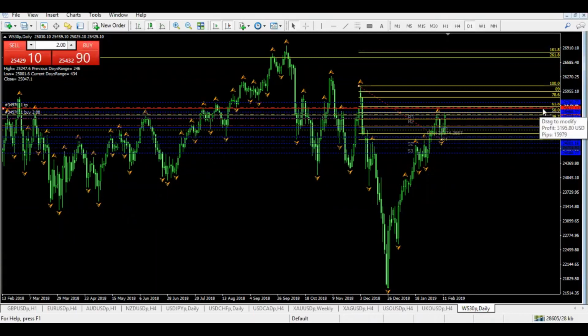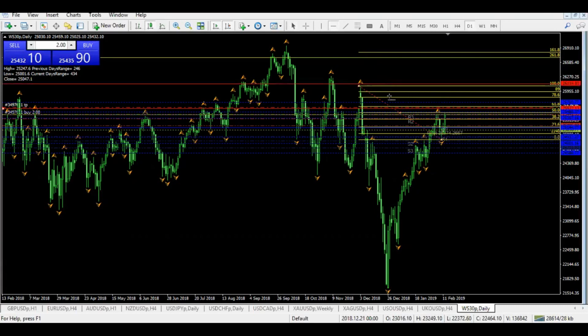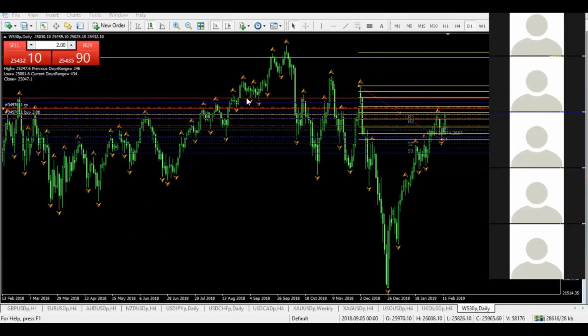According to the Fibonacci numbers, 50 breaks, buy until 61. 61 breaks, buy until 78. Here, you can buy until 78 for sure. And where is your 78? It's here, there's a pivot right here.